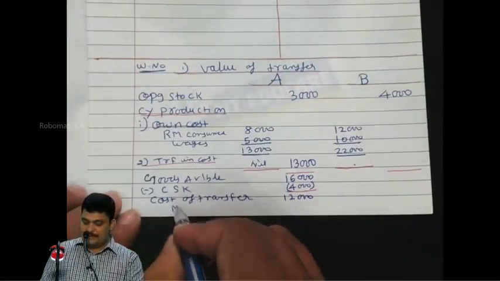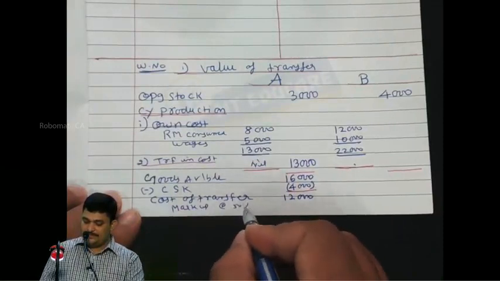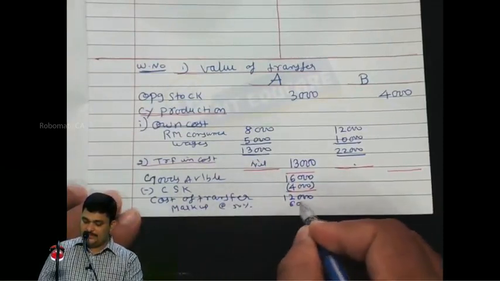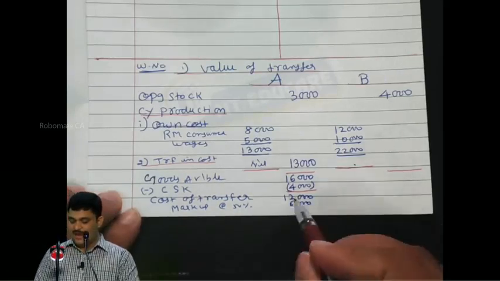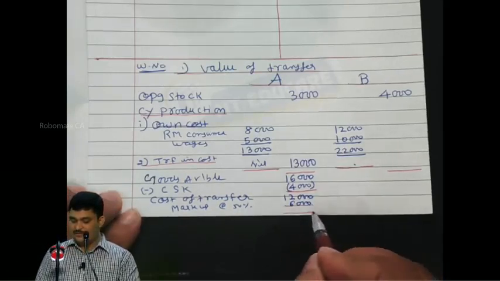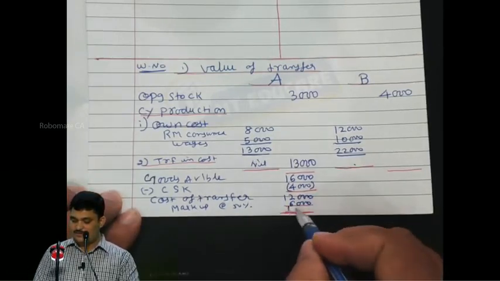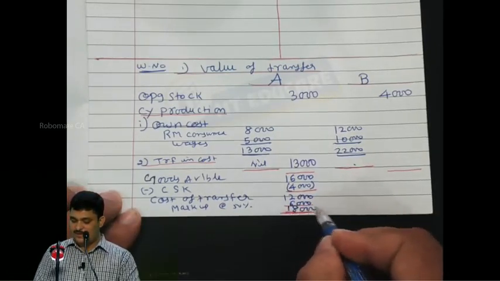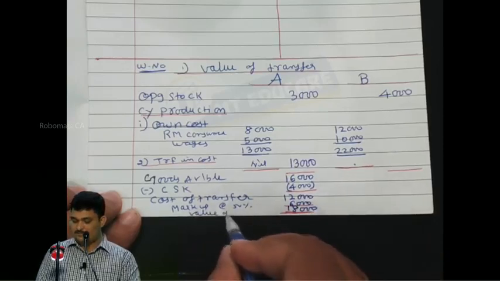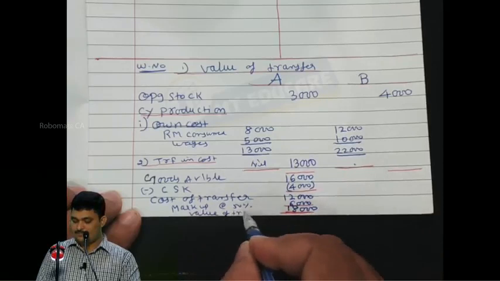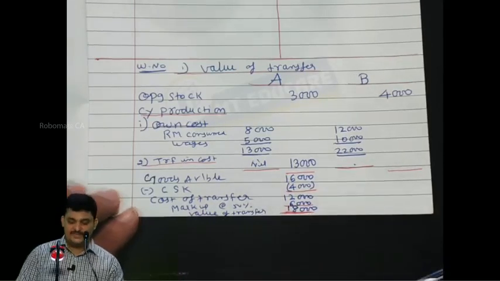Correct? Markup at 50%. 6,000. So thereby value of transfer is 18,000.